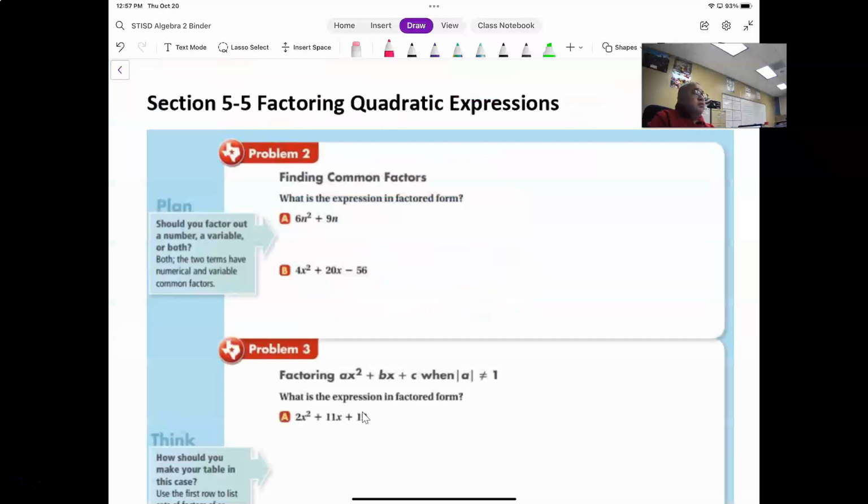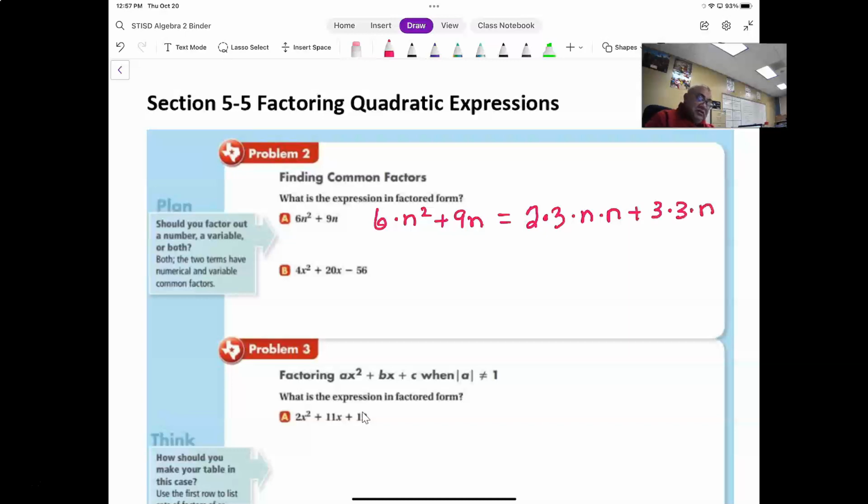Problem 2, what is the expression in factored form? I know that we have 6 times n squared plus 9n, and I know that 6 has the factors 2 times 3 times n plus 3 times 3 times n.